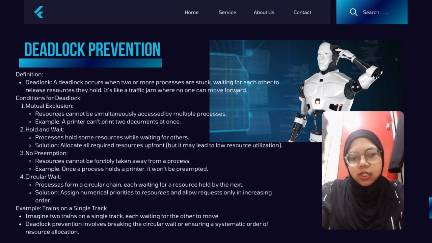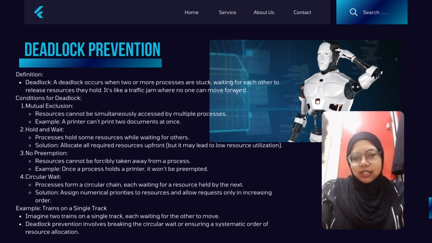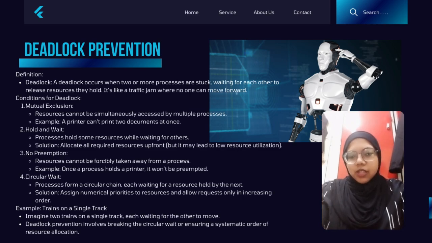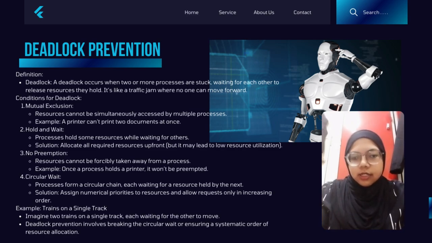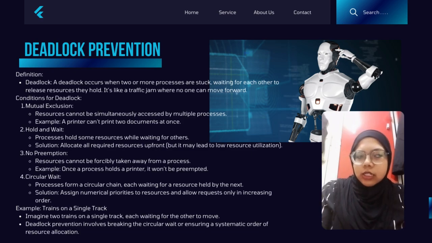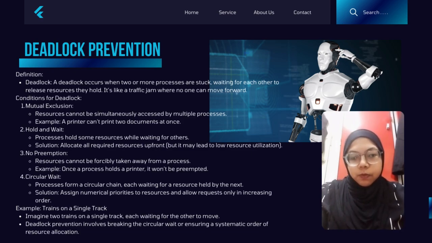So the solution is to allocate all required resources upfront, though it may lead to low resource utilization. Next is no preemption, which is when resources cannot be forcibly taken away from a process. As an example, once a process holds a printer, it won't be preempted.